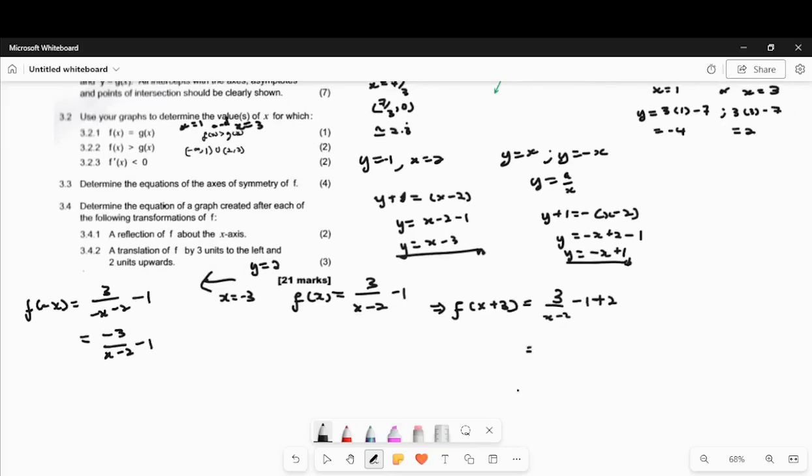Okay, I made a mistake. I said f of x plus 3, so I was not supposed to write just x minus 2. Instead of the value x, it's supposed to be x plus 3 minus 2. Let me tidy that up.